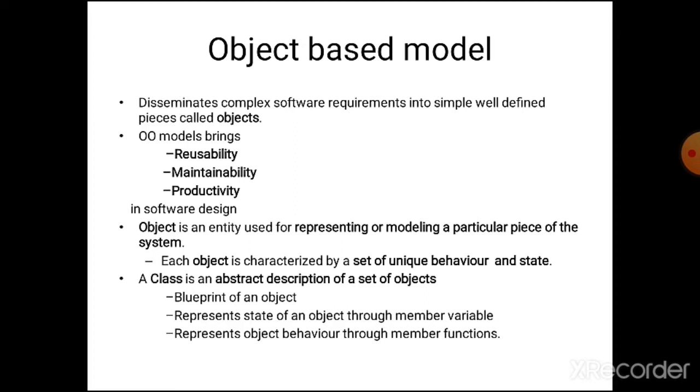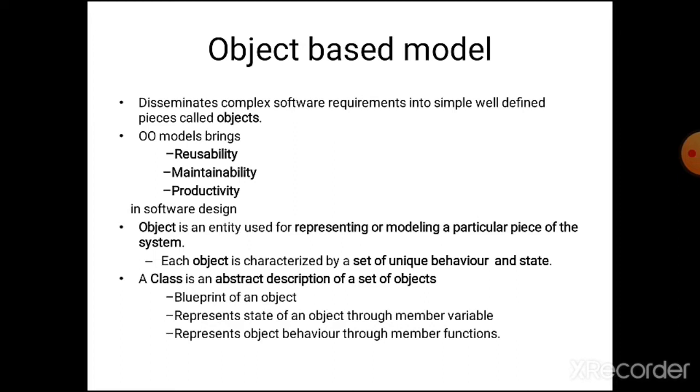A class is an abstract description of a set of objects, and can be considered as a blueprint of an object. A class represents the state of an object through member variables and object behavior through member functions.